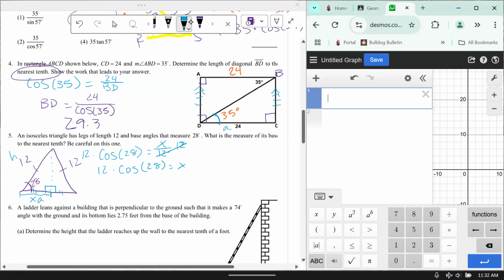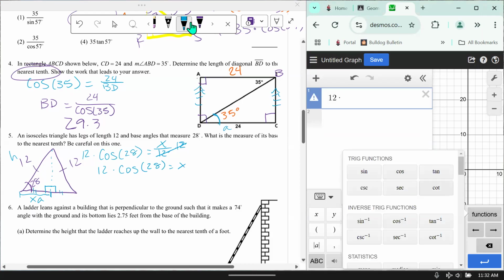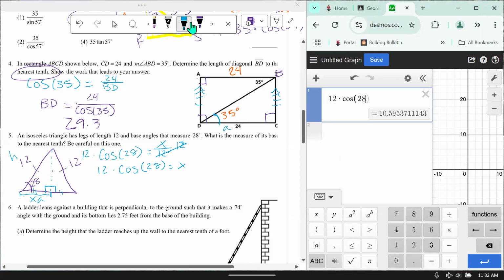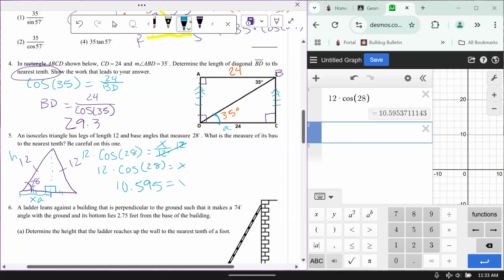So 12 times cosine of 28. And that gets 10.59, all right? Now, again, it is only this side right here, so we need that times 2. So this would be 10.595 equals x.